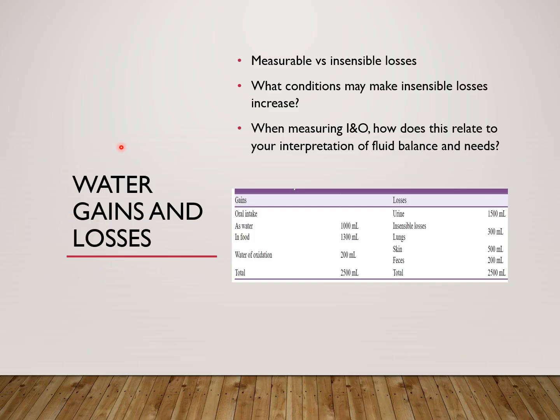Often when we're looking at I&O in those patients, we don't want a balanced I&O. What we want is a higher intake than output because we need to make up for those insensible losses that we can't measure, right? And so if we're thinking about what would increase insensible losses, those really will influence how we would interpret fluid balance and fluid needs.